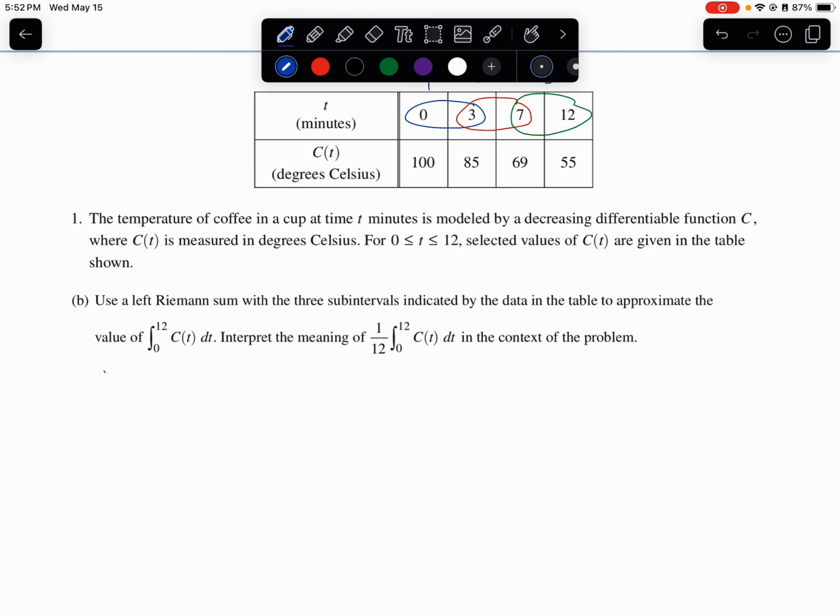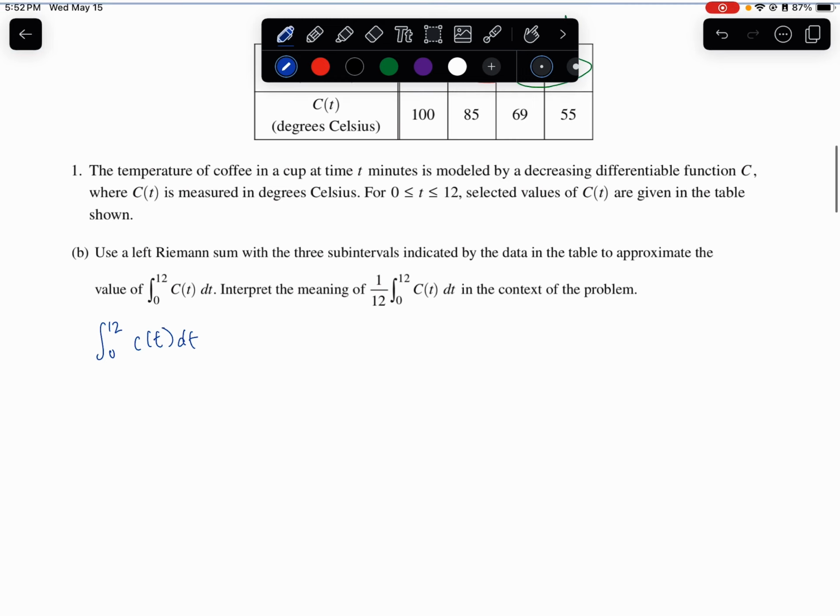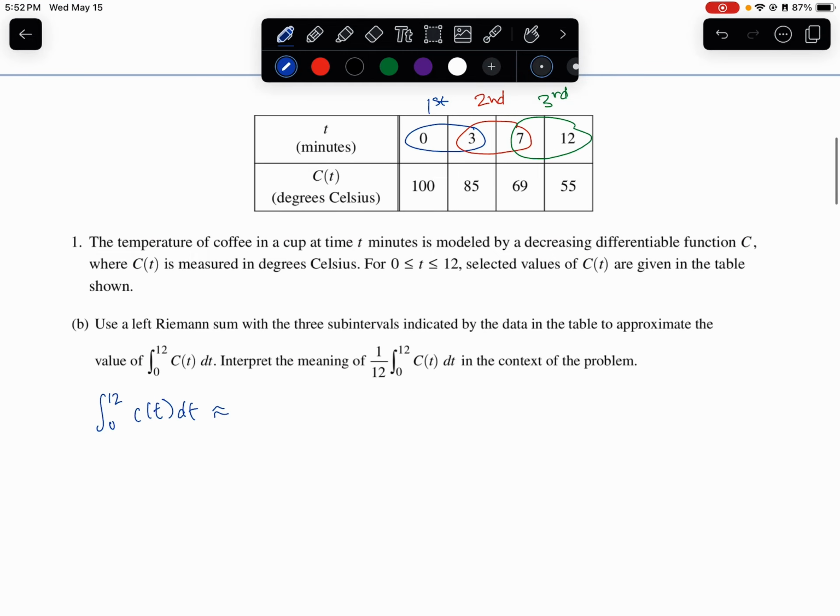So we'll say that the integral from 0 to 12 of c of t dt, now we are using a left Riemann sum to approximate, so this should be approximated as, for the first interval, the length of that interval would be 3 minus 0, and then we're going to multiply this by 100.